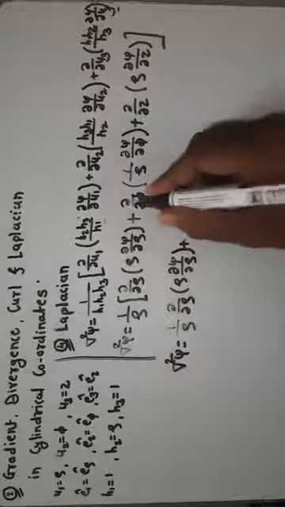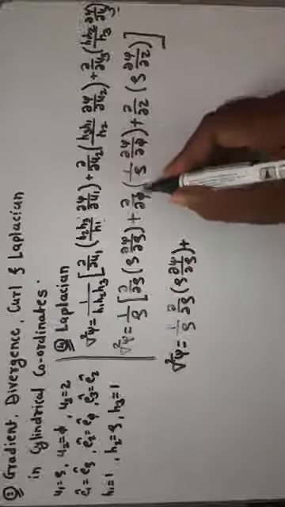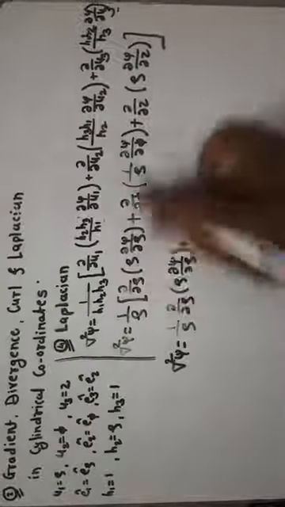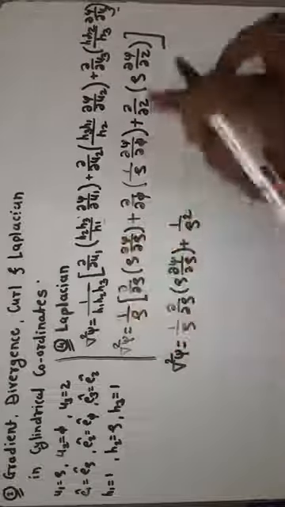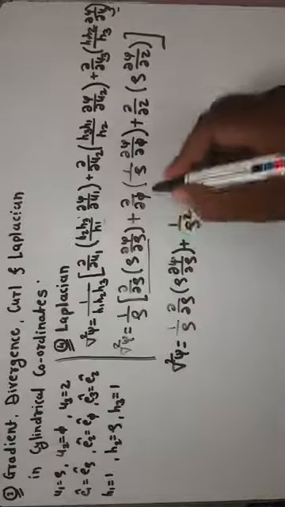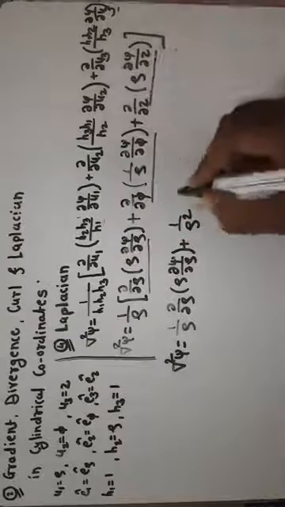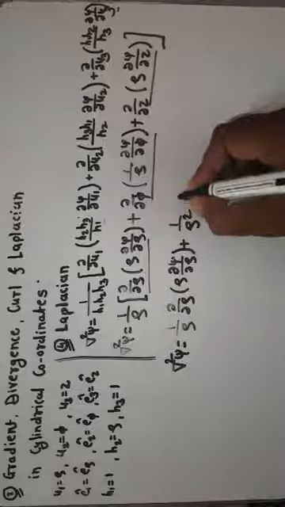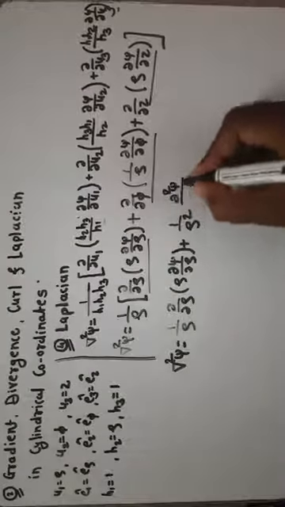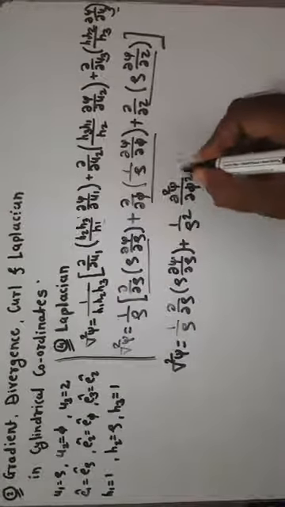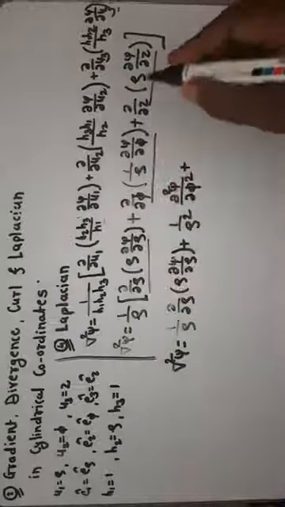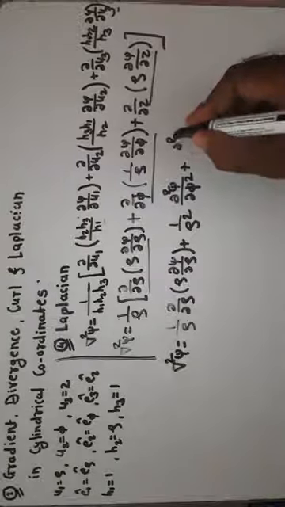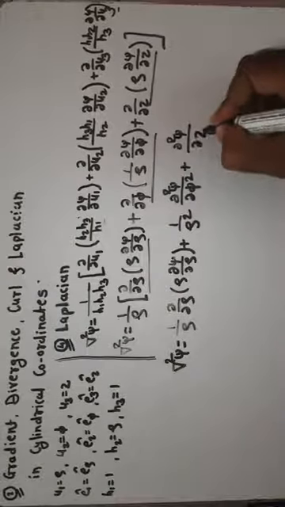Okay, plus this and this 1 by rho square. सॉल्व करतो आहे आपण ब्रॅकेटमधले टर्म 1 बाय रोनी मल्टिप्लाय करून घेतो तिन्ही टर्मला, फर्स्ट सेकंड अँड थर्डला. Okay, this 1 by rho, 1 by rho square dou square psi by dou phi square plus, this rho gets cancelled, that means dou square psi by dou z square.